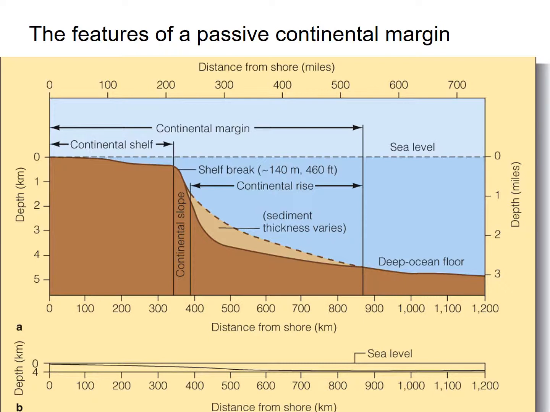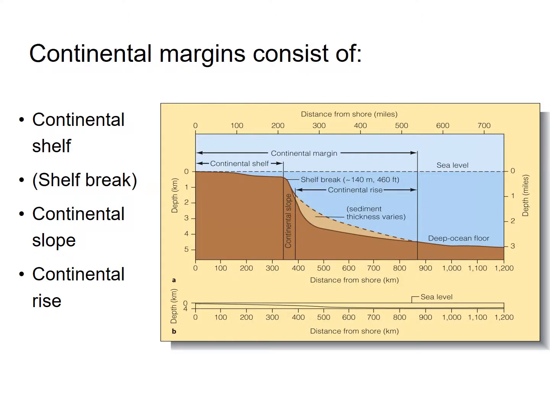And after we're done with the continental margin, we're going to be looking at deep ocean floor features. So the continental margins consist of continental shelf, shelf break, continental slope, and continental rise.